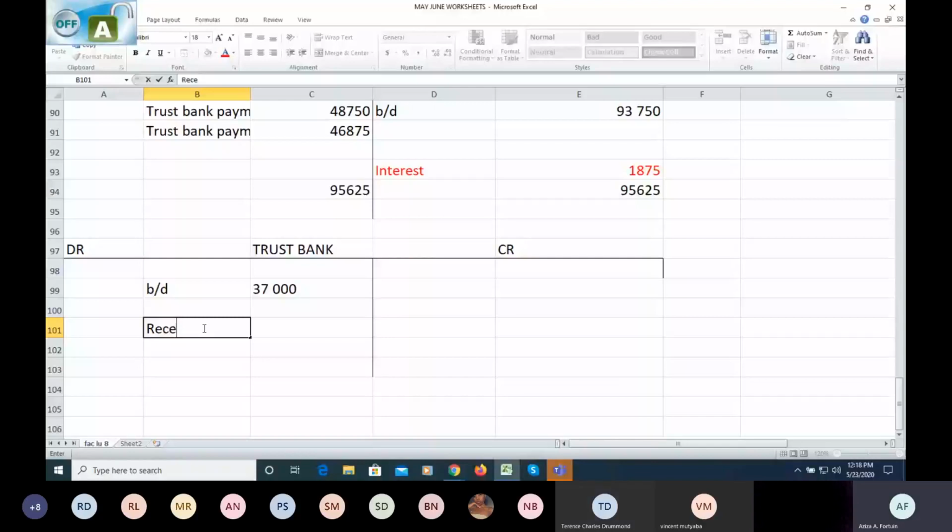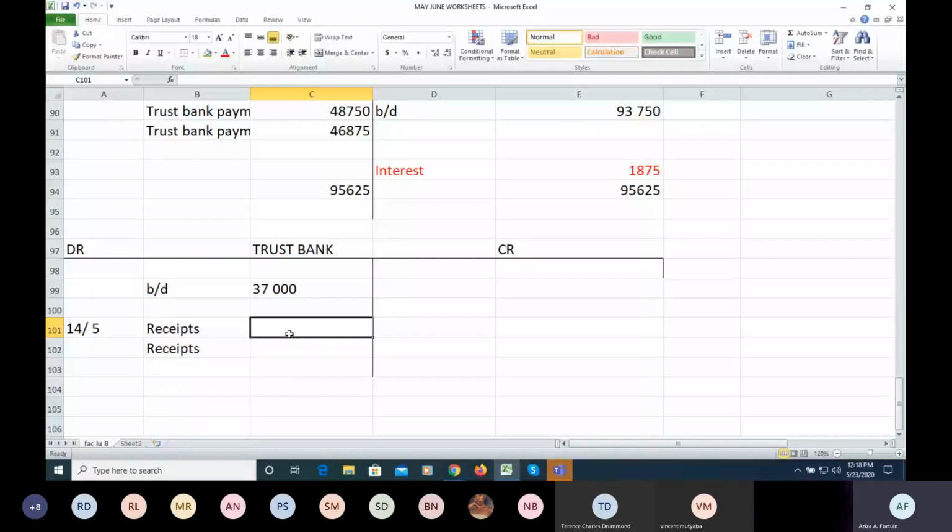So on day 14, there was a 250 Rand receipt. And on day 24, there was a 4,000 Rand receipt, from Adams. And that was day 24.